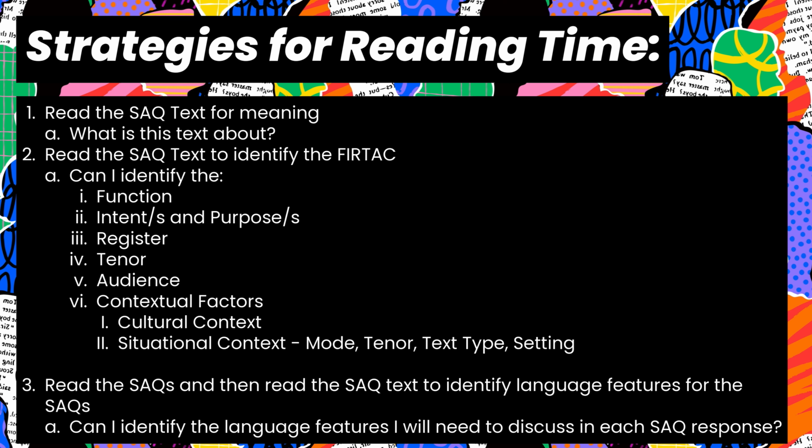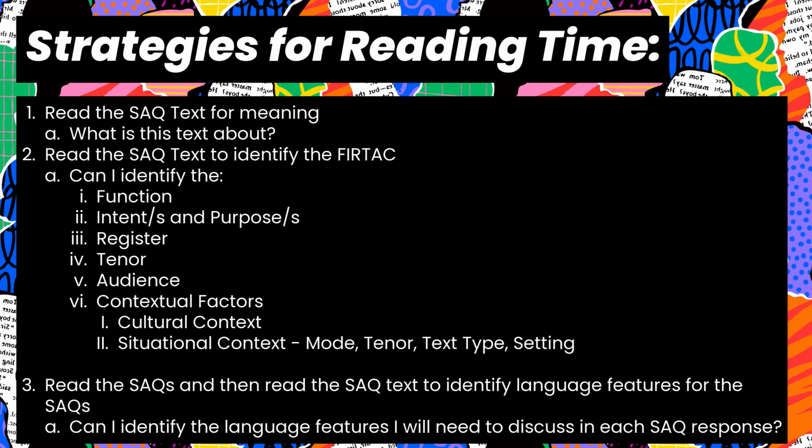So on that second read, this is the time when you're asking yourself the question, can I identify the function or functions, the intents and purposes of the text, the register, the tenor, the audience, and the key contextual factors? Remembering, of course, that contextual factors gets further broken down into the cultural context of the text and the situational context that includes the mode, the tenor, the text type, and the setting.